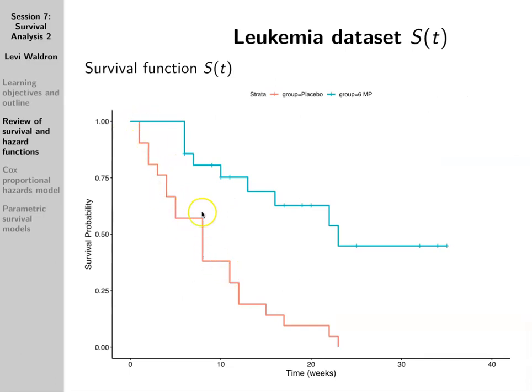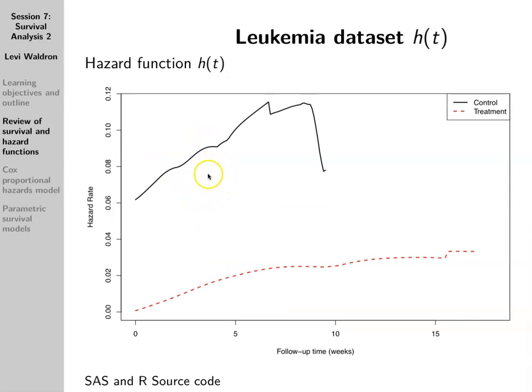So if this is what a survival function looks like, I'm showing here what the corresponding hazard function looks like. And the hazard function for this control group is a little bit funny as we get up to here, just because there are so few patients left in the placebo group at this point that we don't get a good estimate of the hazard function.